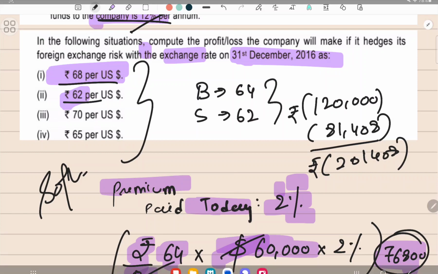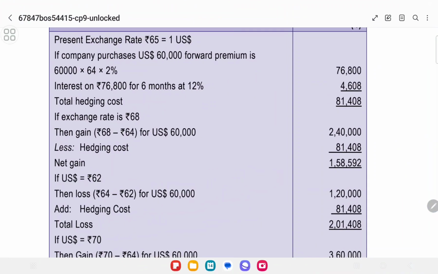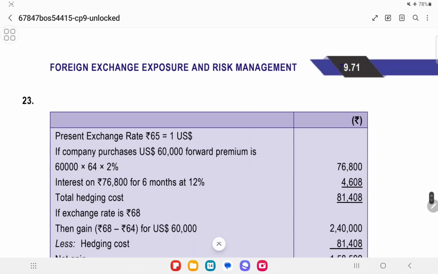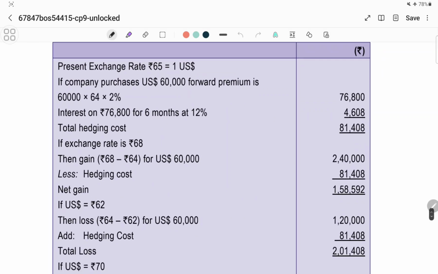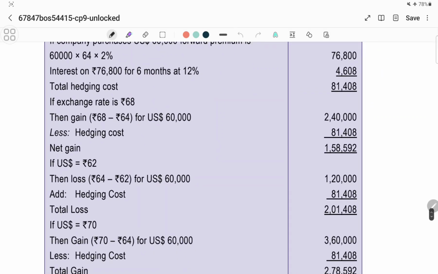See, we'll check the answer here. Just a minute. Yeah, see, the first case scenario is 158,592. Another case was 201,408.